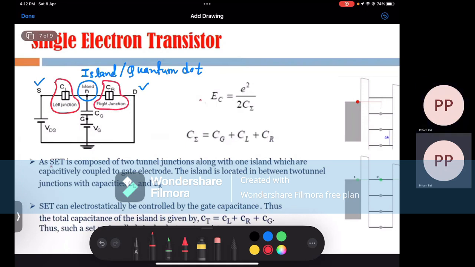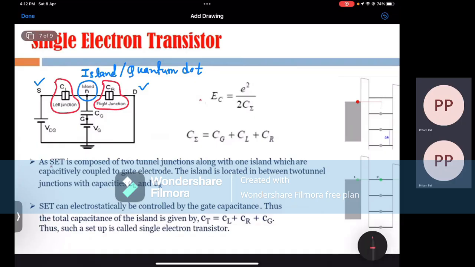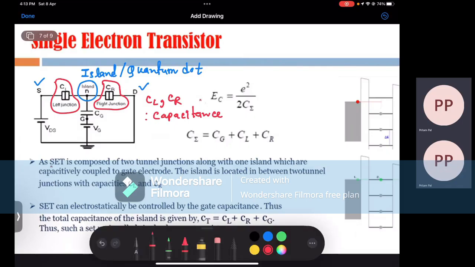With the help of the insulating layer, there is a capacitance here, that is the left junction capacitance, and another is the right junction capacitance. These are the capacitances that we have.